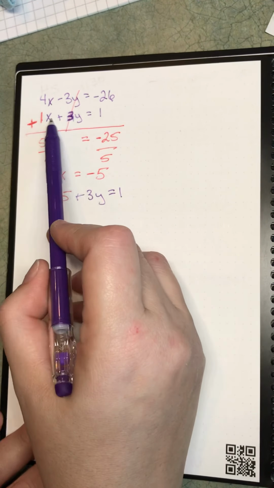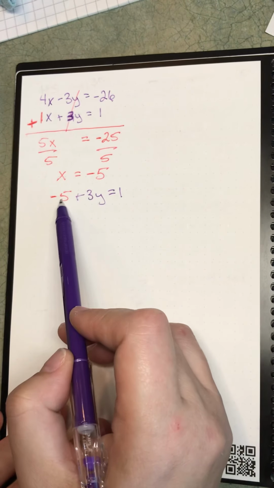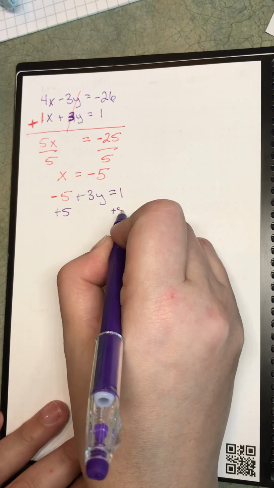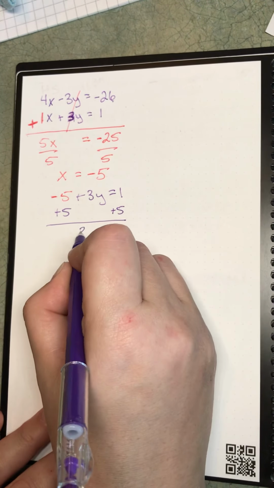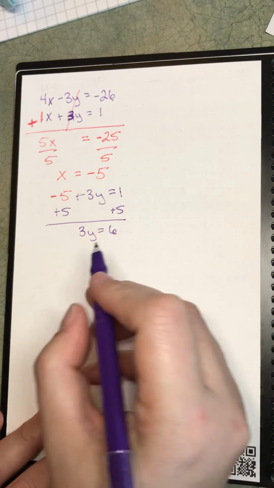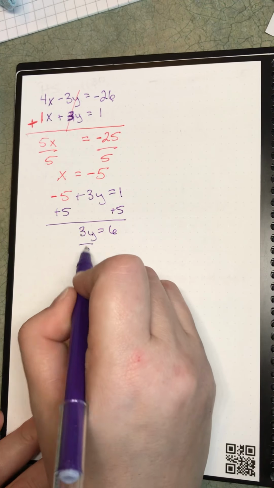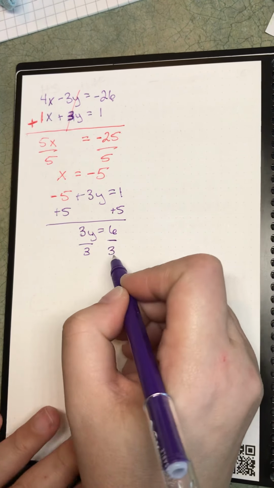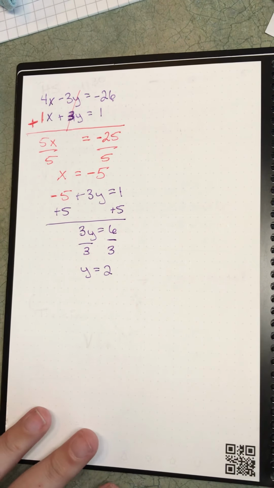So it should be x plus 3y equals 1, and now I'm replacing that x with a negative 5, and then I can add 5 to both sides of my equation, and I get 3y equals 1 plus 5 is 6. This is 3 times y, opposite of times is divide, so I'm going to divide by 3 and divide by 3, and I get y equals 2.